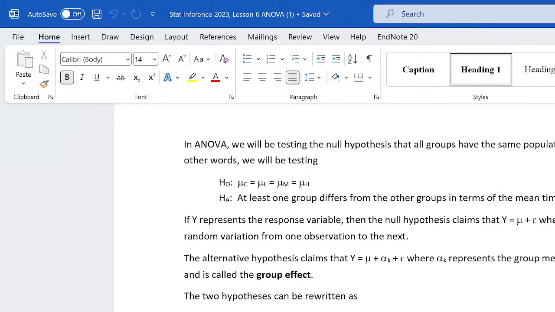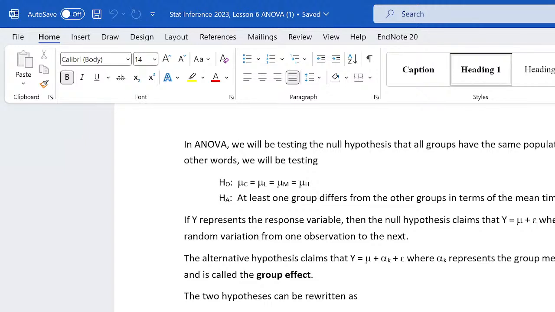Let's find these parameters. This will be easy. Let's find estimates for each of these parameters: alpha medium, alpha high, and let's pick one or two values and do epsilon, the error, which is going to be the value minus the group mean.